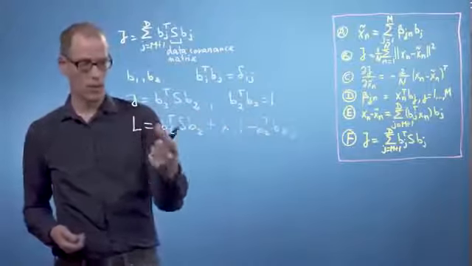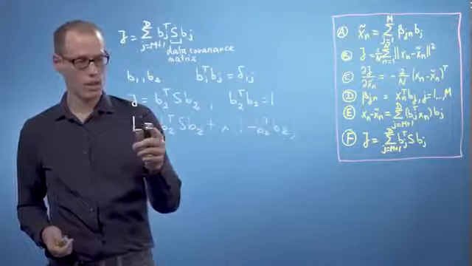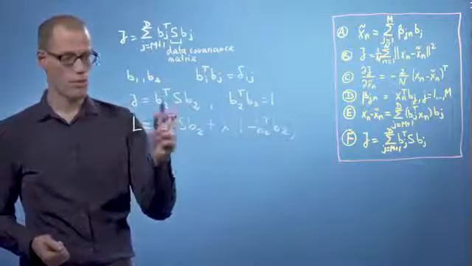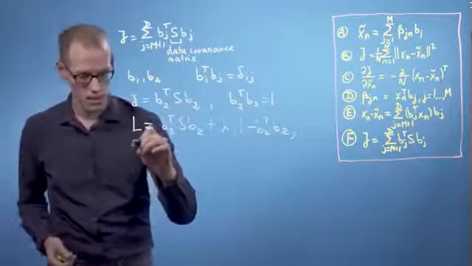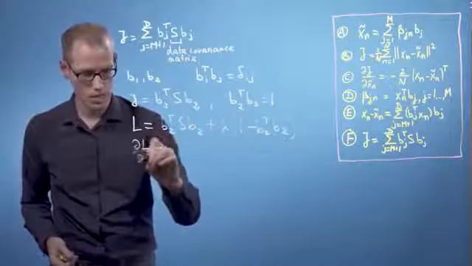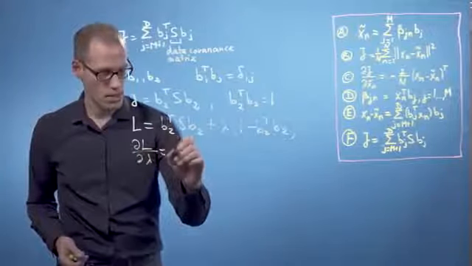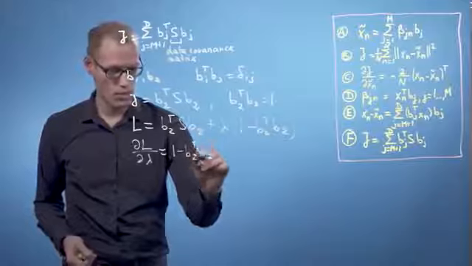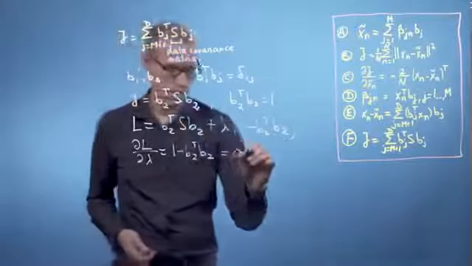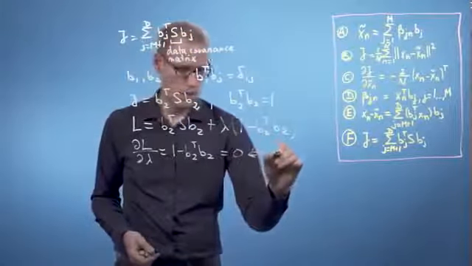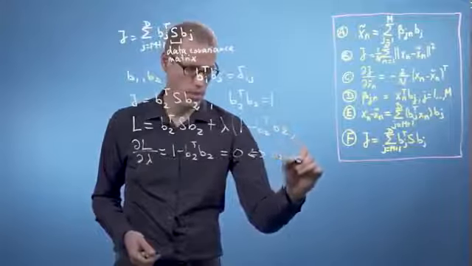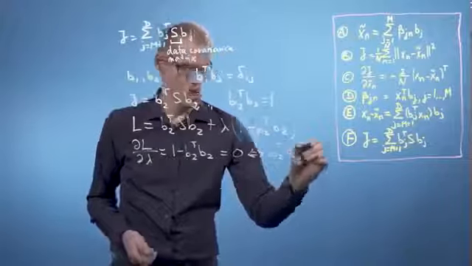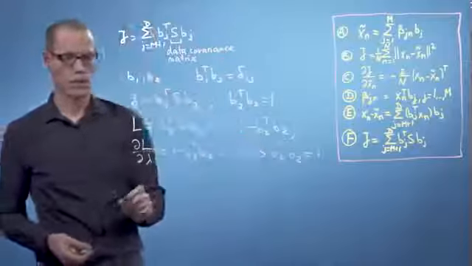So now we compute the gradients of the Lagrangian with respect to B2 and with respect to lambda and set them to 0. So dL/dlambda is 1 minus B2 transpose times B2, and this is 0 if and only if B2 transpose times B2 is 1. So we recover our constraint.